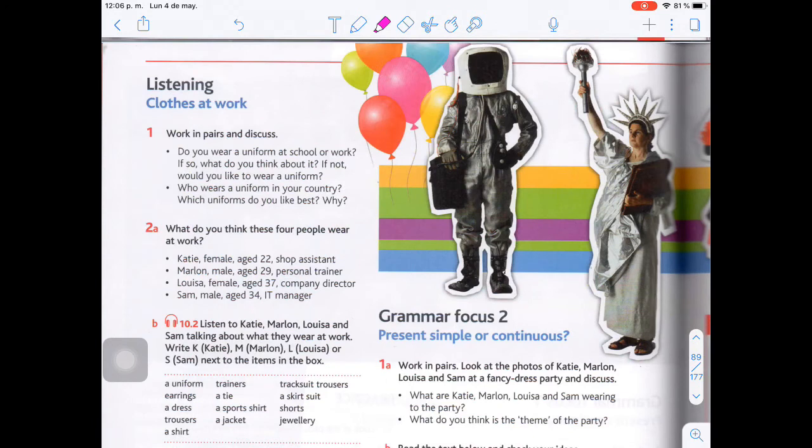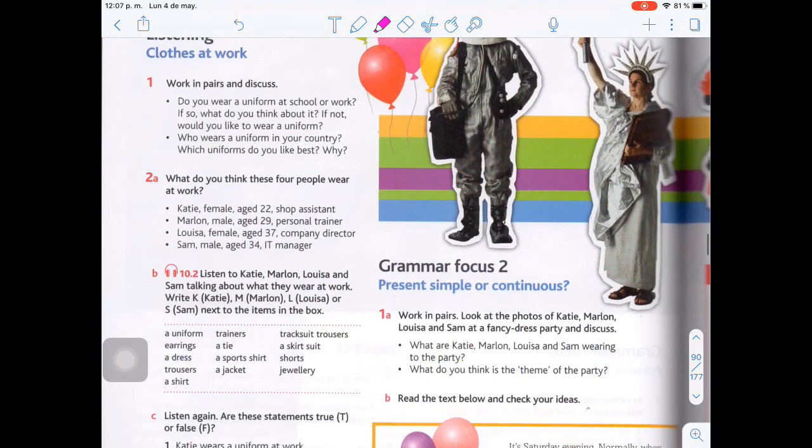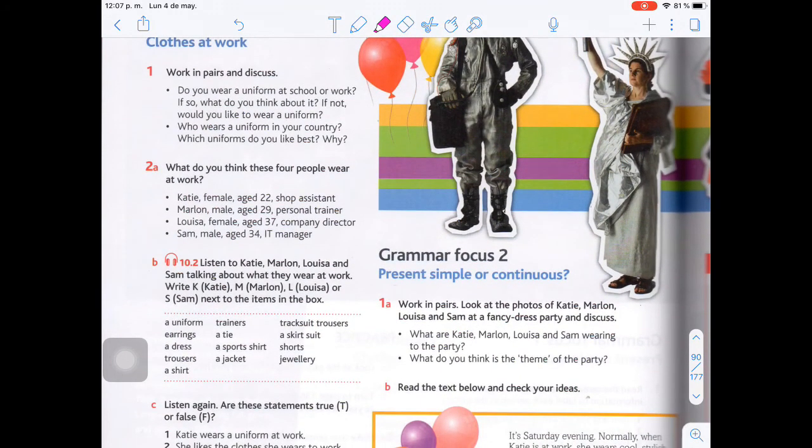Okay. In the next page, we find a listening exercise. I recommend you to do this listening exercise because you're going to train your ear and it will be very useful for your tests. Okay, this listening exercise is related to clothes vocabulary and it's suggested in the guidelines for this week. So do it.